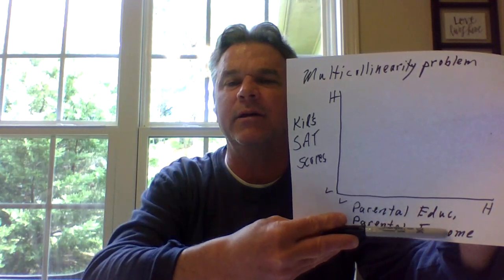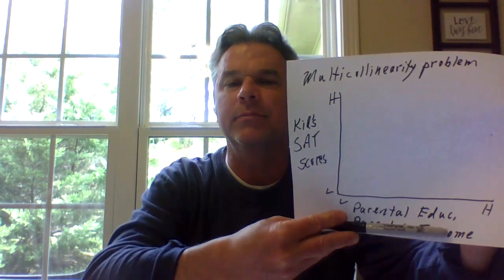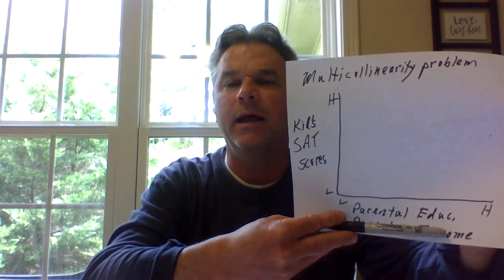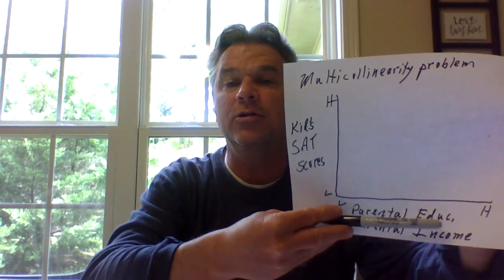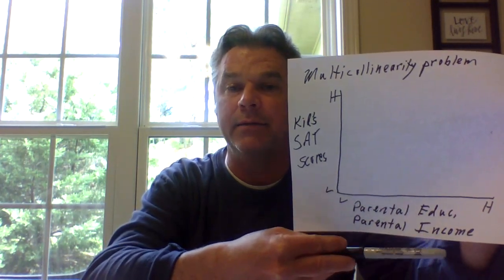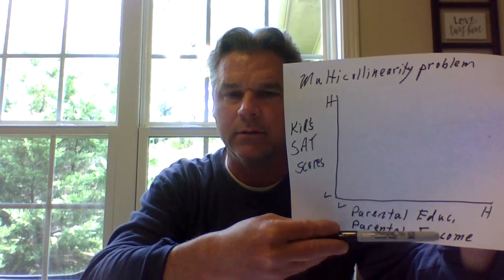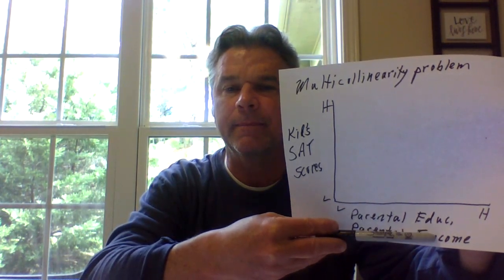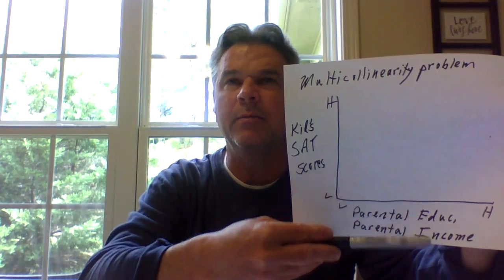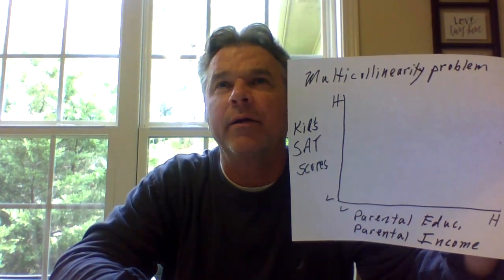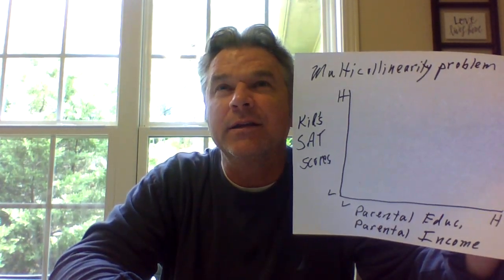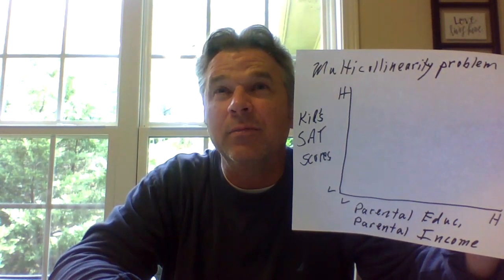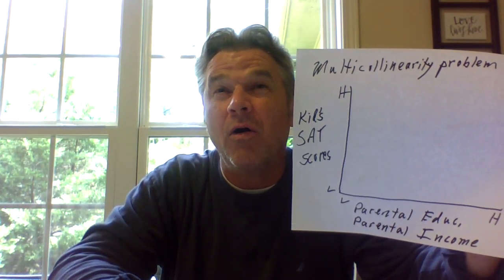If I get rid of parental income and include parental education and the usual suspects, right? So I get rid of parental income and my R squared does not go down much at all.